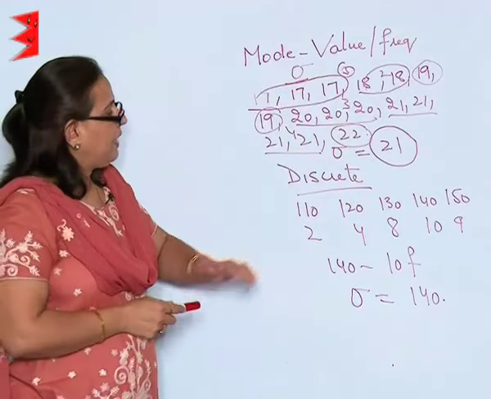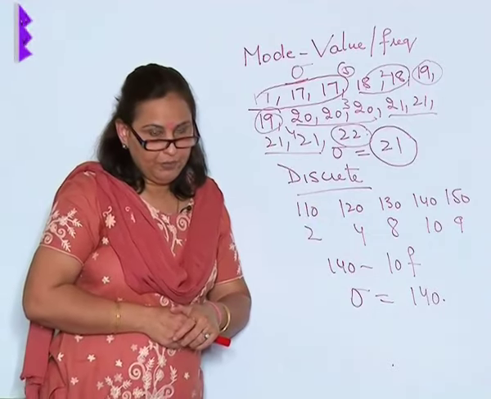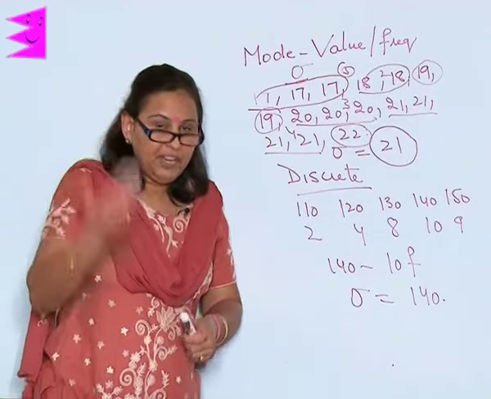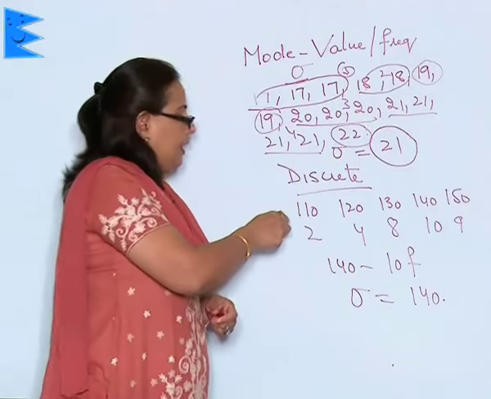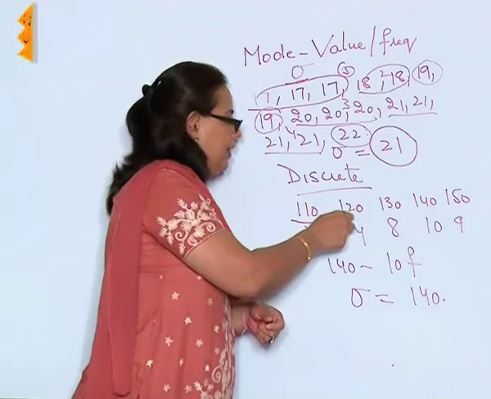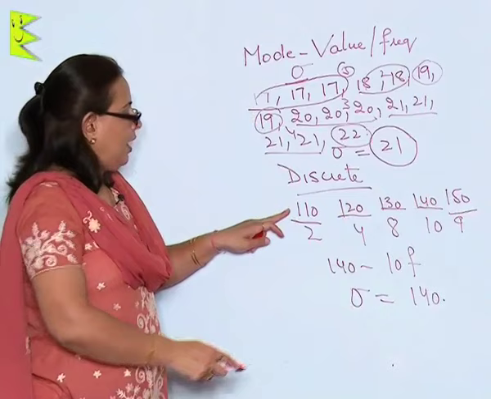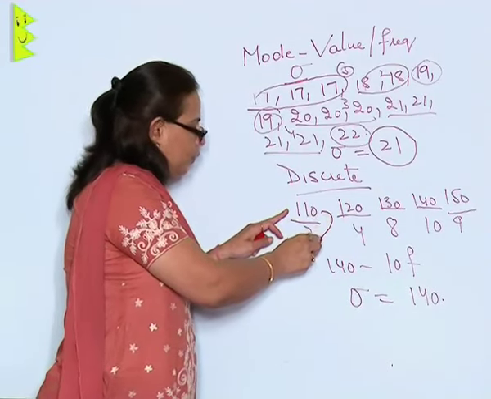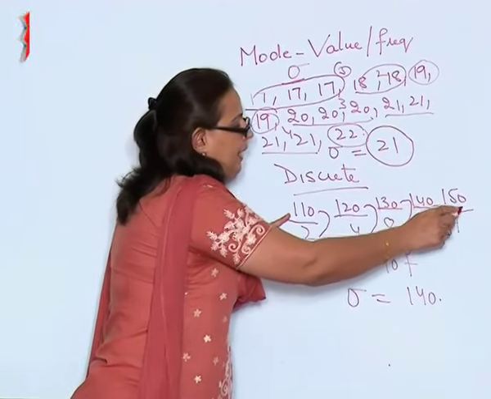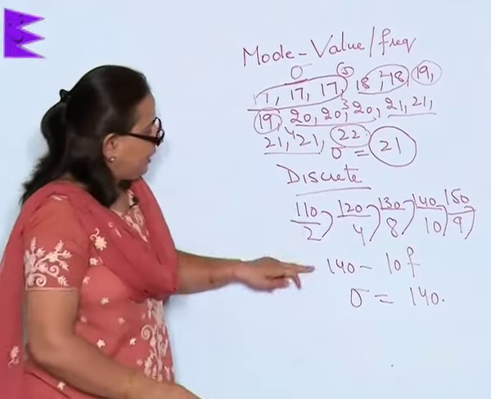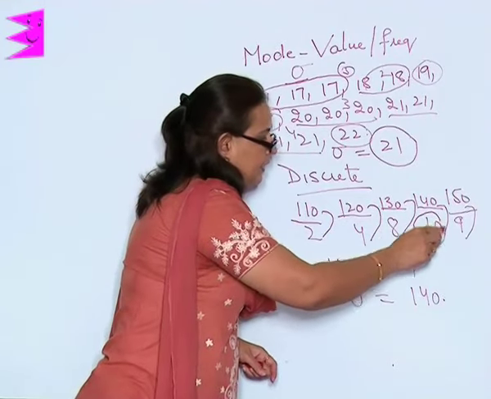But again, we come to the discrete series, and in the discrete series, as it always is, there are frequencies. Here I say 110, 120, 130, 140 and 150. Now 110 is by 2 students, 120 by 4, 130 by 8, 140 by 10 and 150 by 9. Here it is clearly visible. The highest that I shall see is this 10.